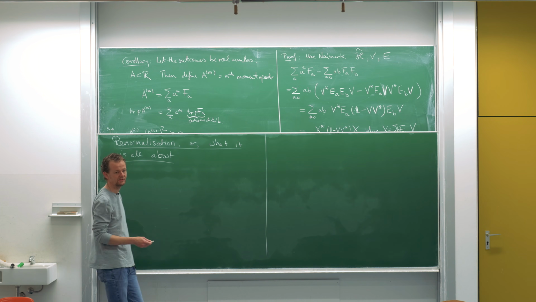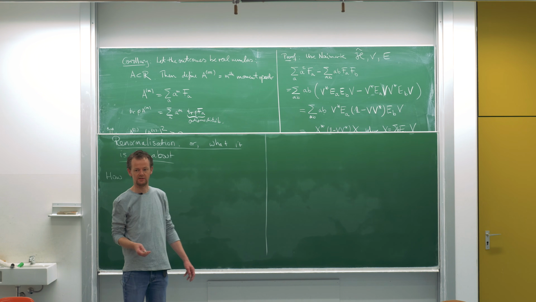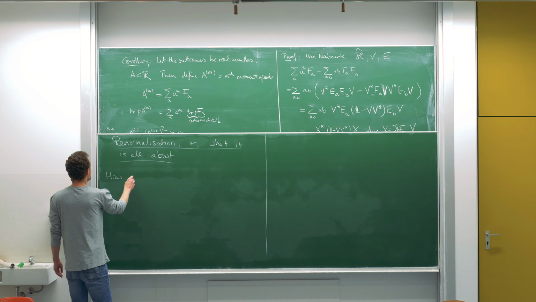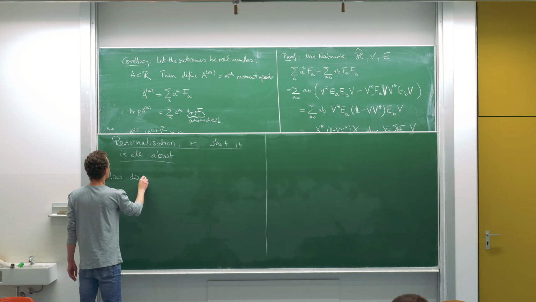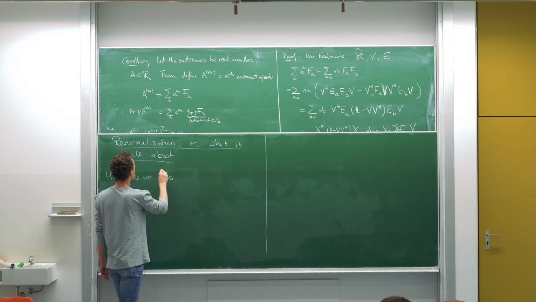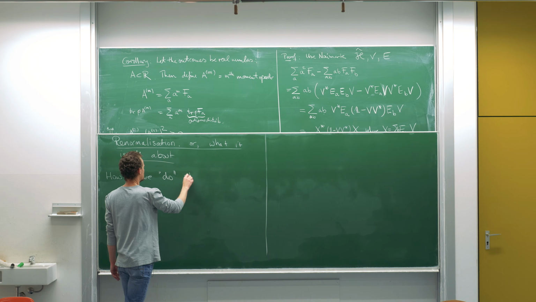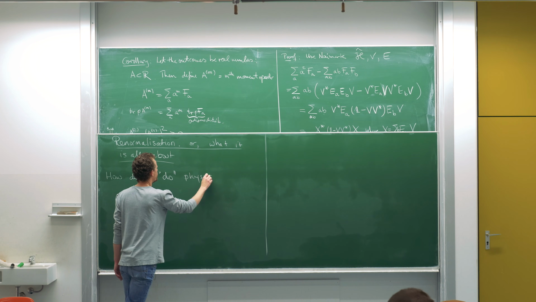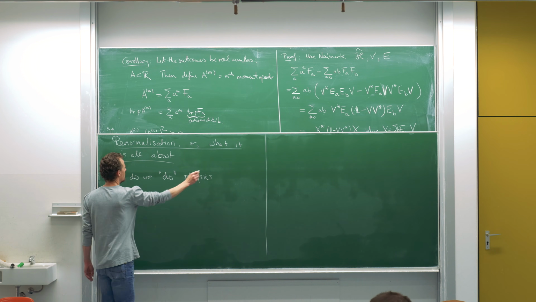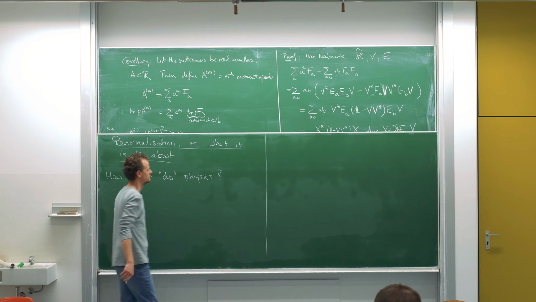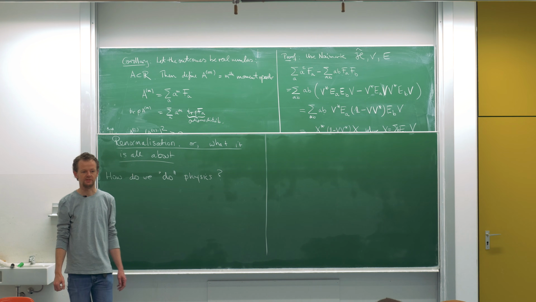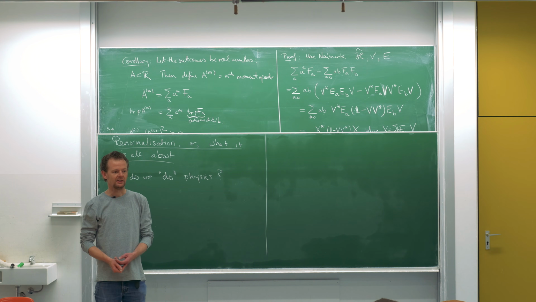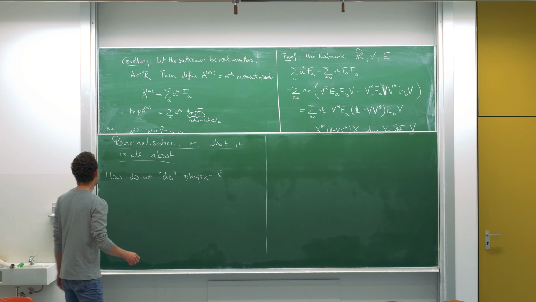How is progress in physics? How does it take place? How do we make progress? How do we do physics? So it starts with observations.